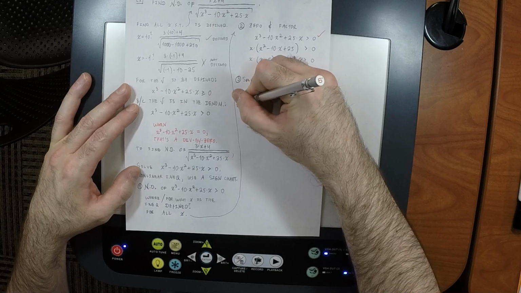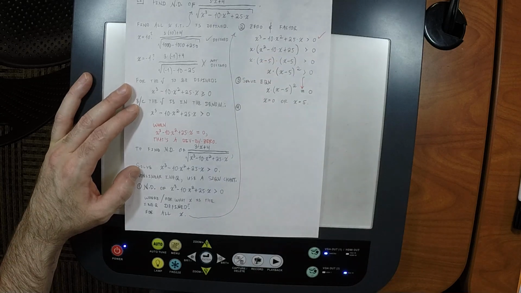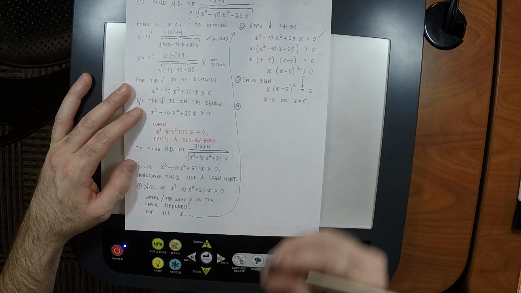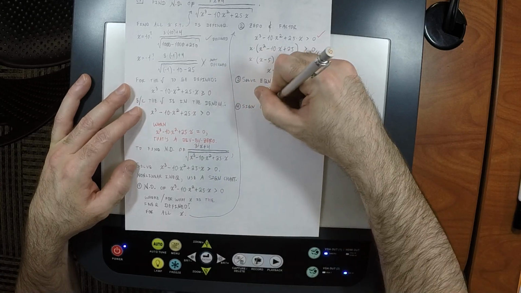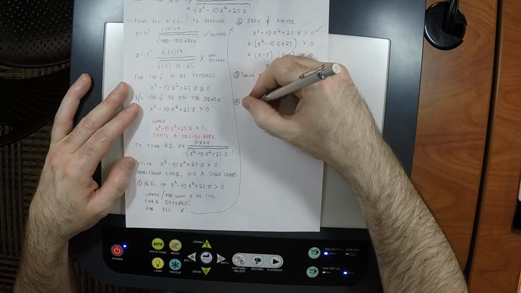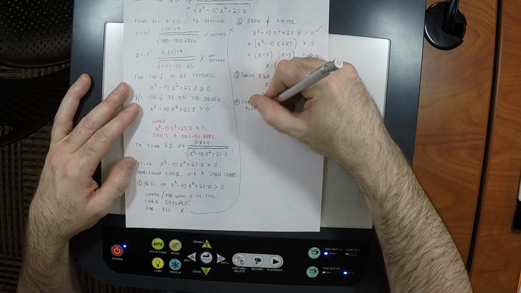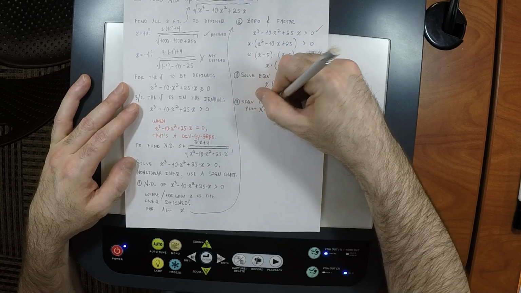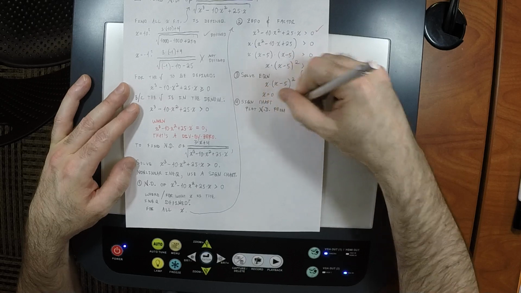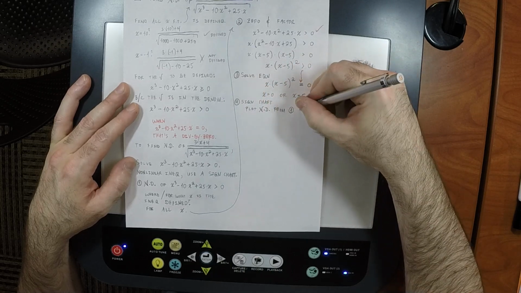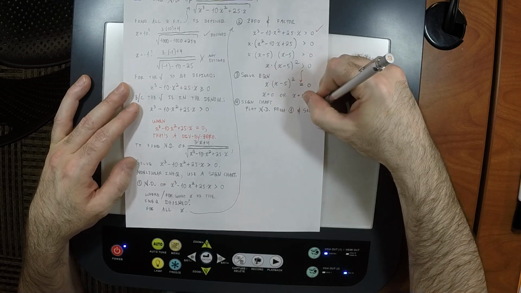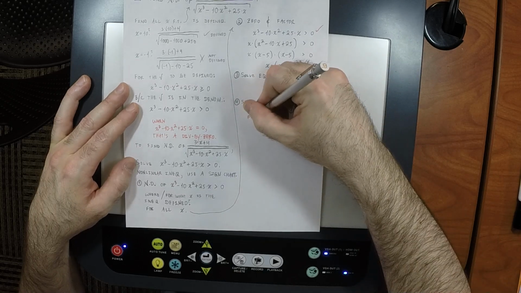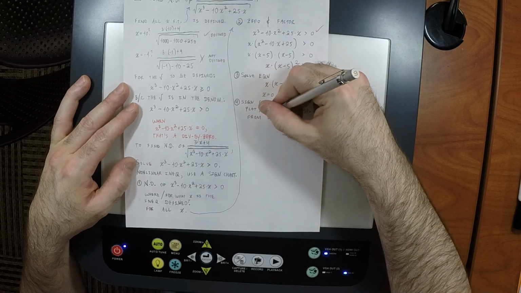Now, step 4. This method is named after this step, so this is where we make a sign chart. Specifically, we will plot the natural domain from step 1 and the solutions from step 3.